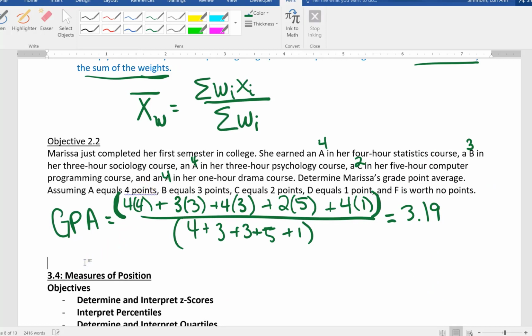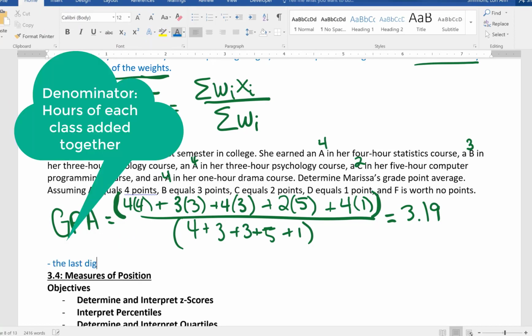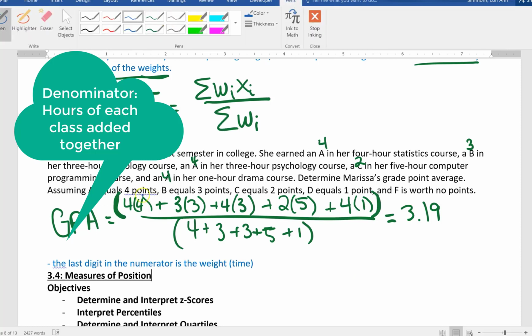So just as a little side note, the last digit in the numerator is the weight. So that was your time. So I'm going to circle that in blue, because I wrote it in blue.